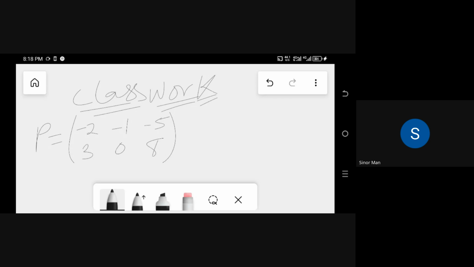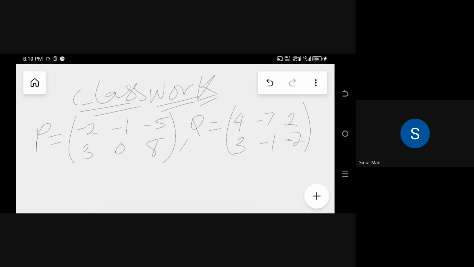And then we have Q equals 4, minus 7, 2, then 3 again, minus 1 and minus 2.